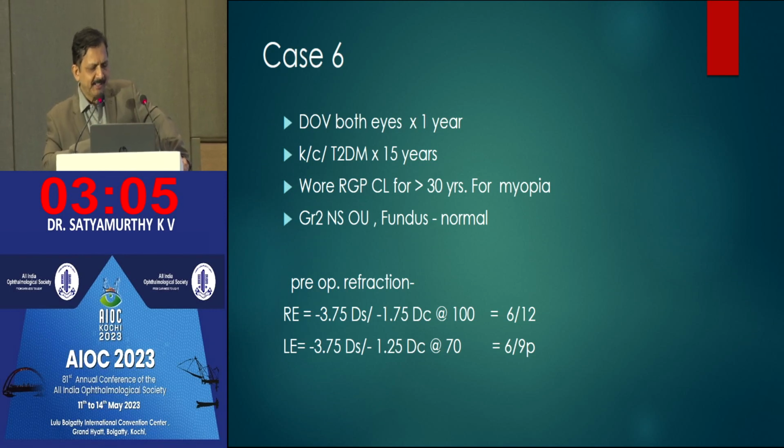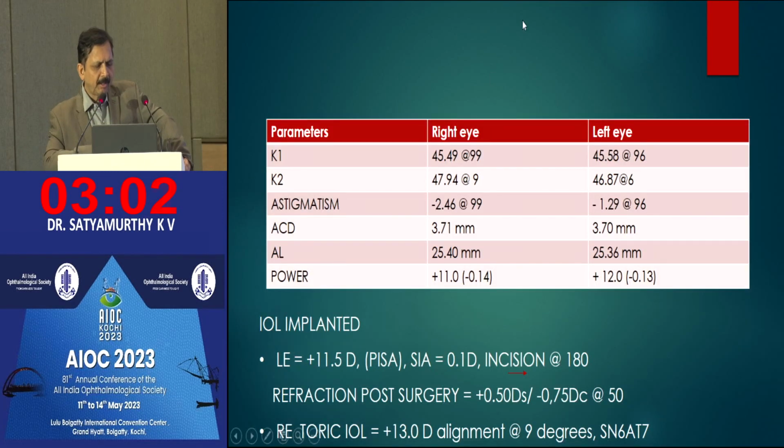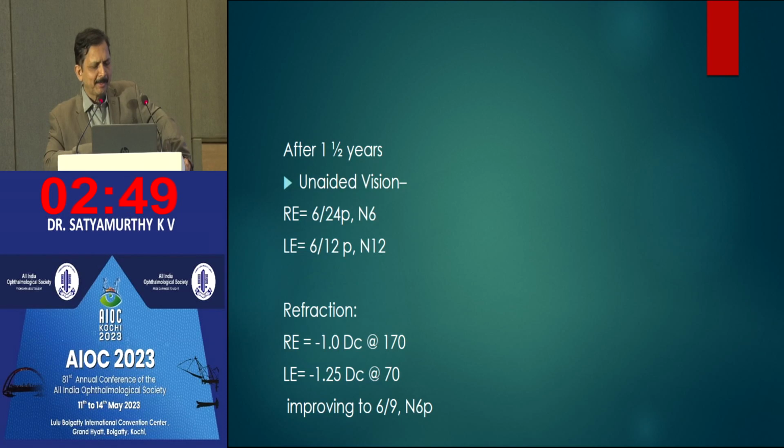Since the left eye didn't have much astigmatism, only paired opposite clear corneal incisions were made, and in the right eye a toric lens was implanted after taking into account all these things. But post-operatively, the patient had this much astigmatism which he didn't accept. He wanted something better, maybe because of the aggressive counseling that we do.